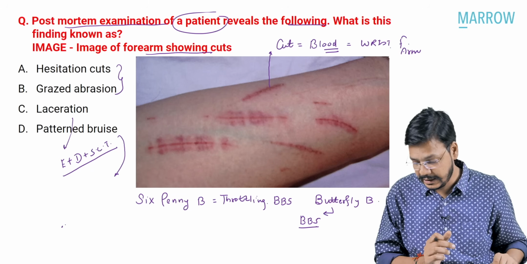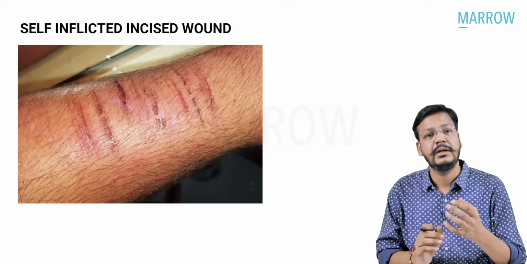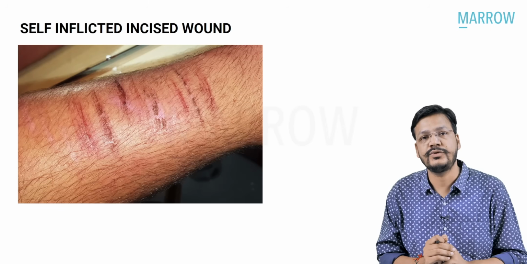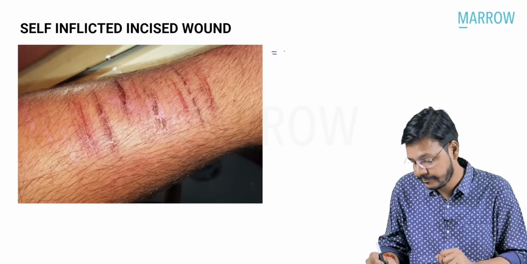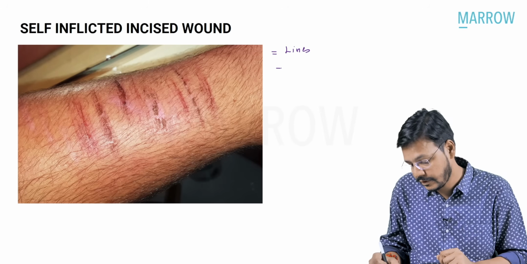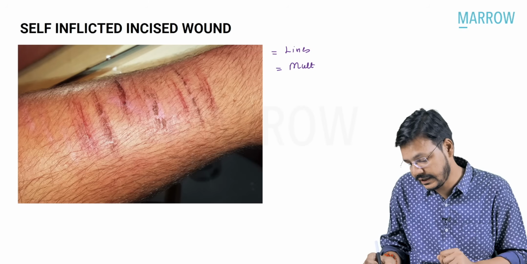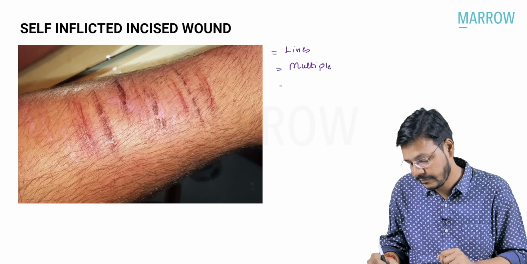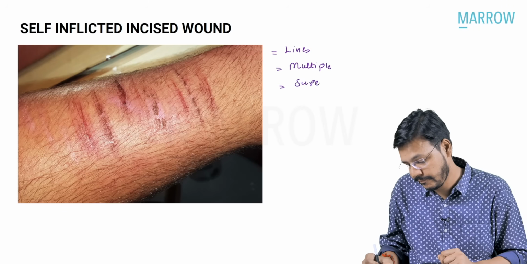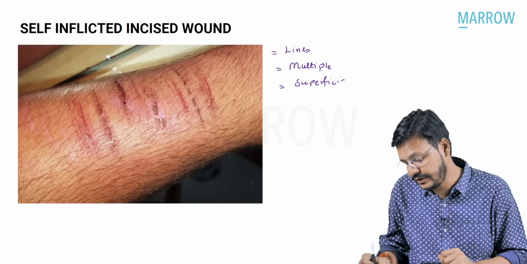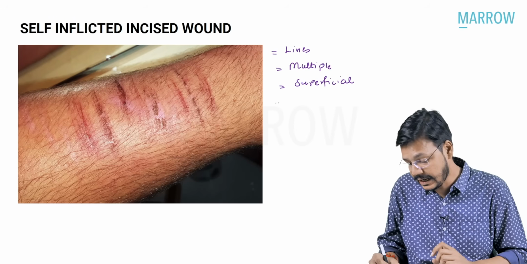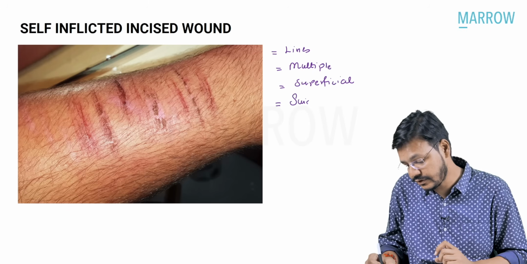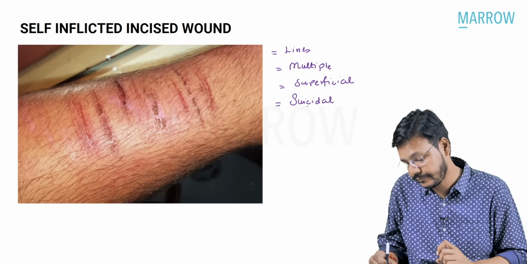So I'll again come to a very important point, the self-inflicted incised wound. If you have multiple cuts, multiple superficial lines surrounded by blood, friends, these are self-inflicted injuries, suicidal in nature.